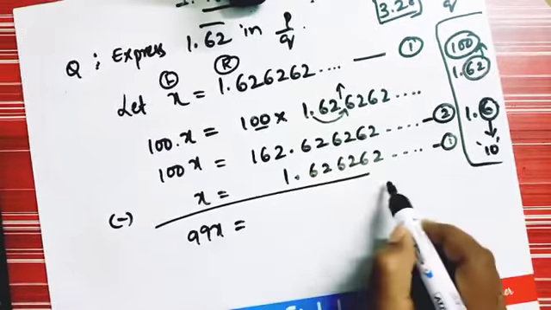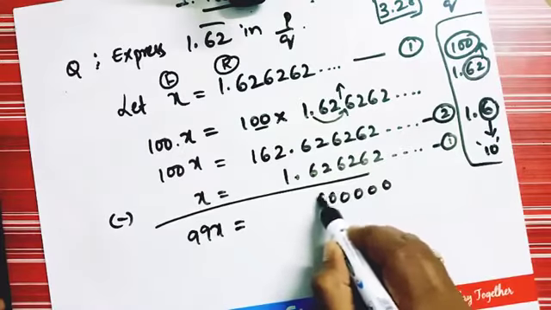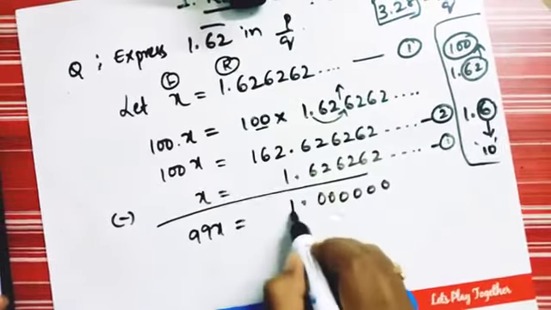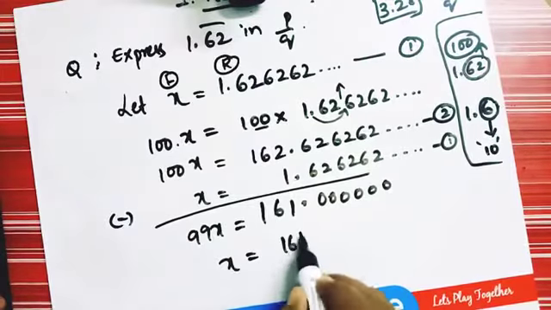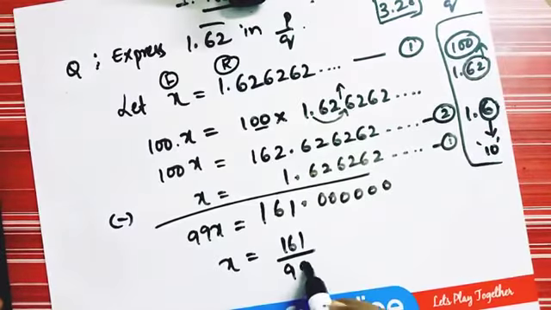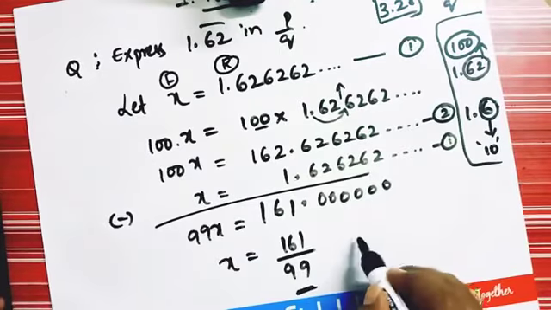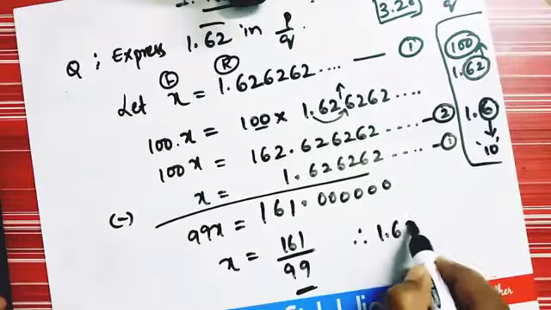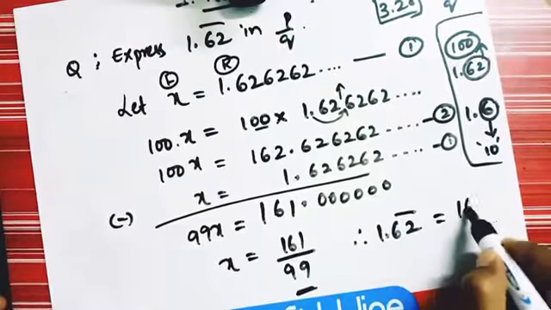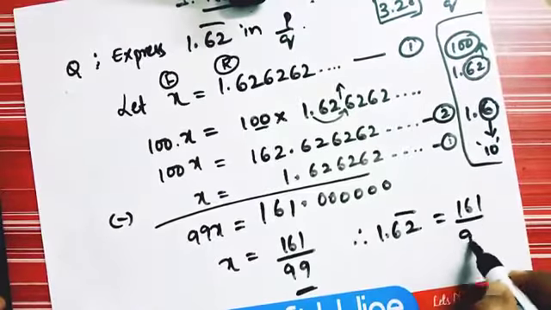On the right side, the decimals cancel, and 162 minus 1 gives 161, so we get 161 by 99. So the p by q form of 1.62 bar is equal to 161 by 99.